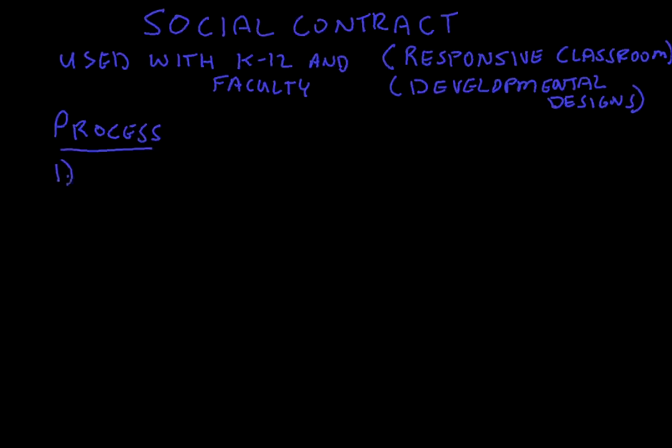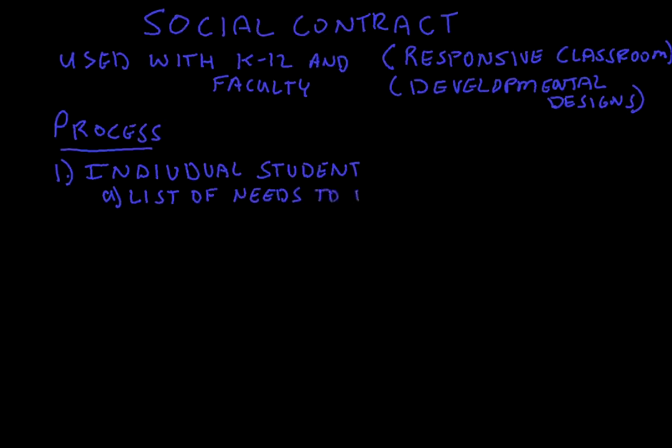So first thing, we want the individual student to simply create their own list, move apart from their peers by themselves, and create their list of what they need to be successful in that setting for that year.